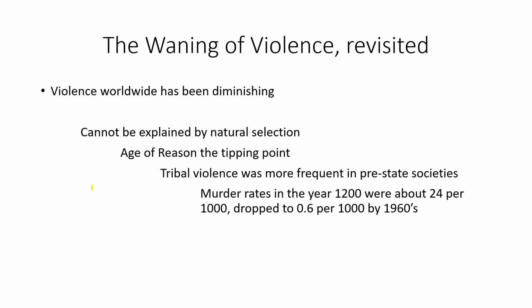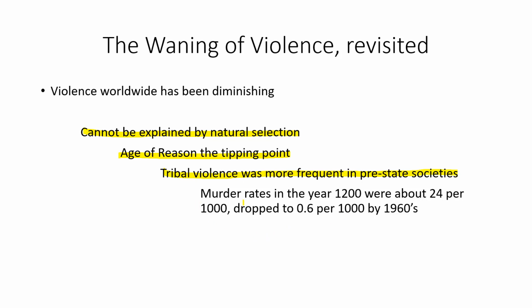And we cannot necessarily explain this by evolution, because our human natures have not really changed significantly, but we do see that the age of reason was somewhat of a tipping point where we started to realize that if we created institutions that shaped our behavior as far as coordination and cooperation, then we saw that violence in war, conflict, started to decline. Prior to that, tribal violence was considerably more frequent.